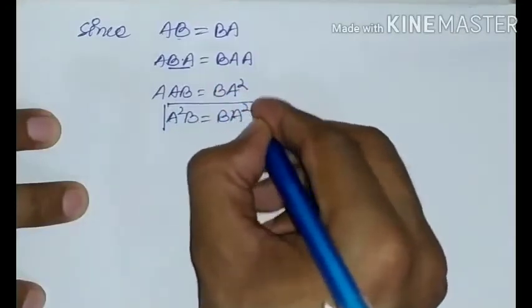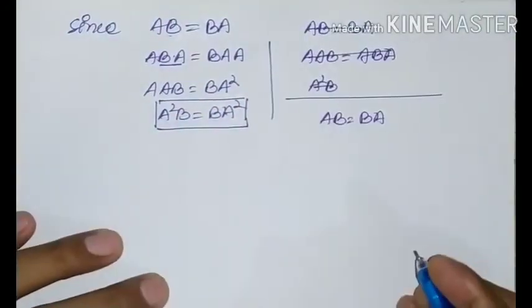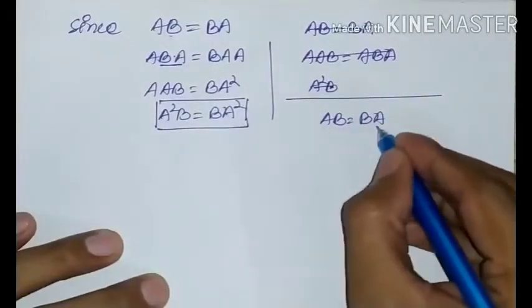Since A square B and BA square are equal, I'm going to multiply by B from the right side on both sides.